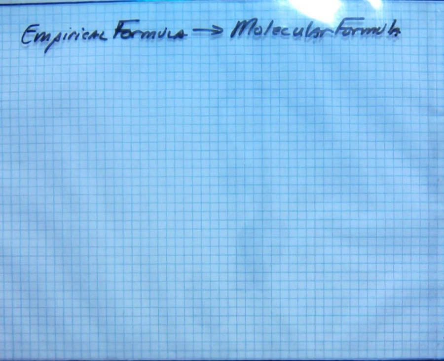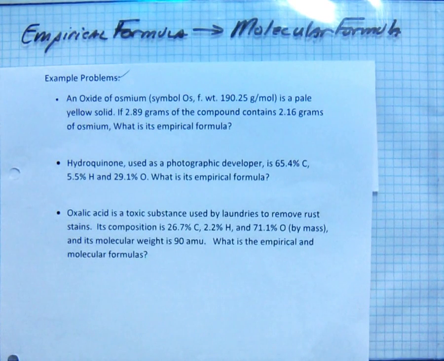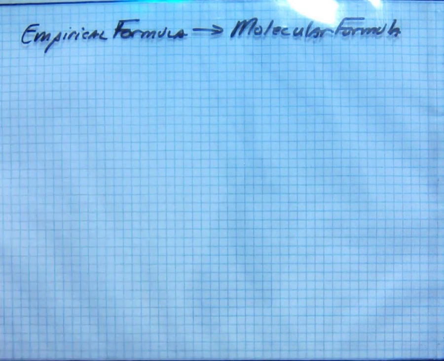So we're going to look at this last problem down here, and the problem that you get will have to have a molecular weight, because the relationship between empirical and molecular weight is the whole number multiple. That's very important that you consider.